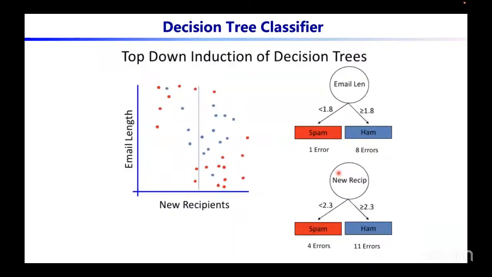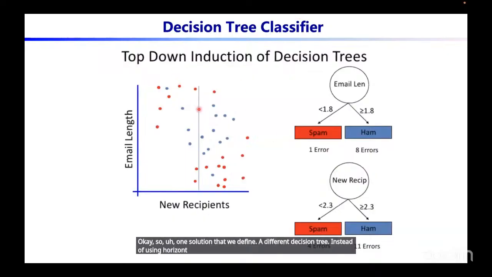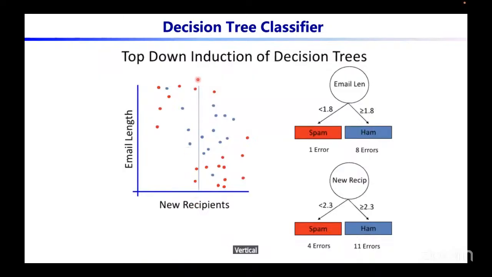So one solution is that we define a different decision tree. Instead of using horizontal lines, why not try a vertical line? So this is one example, right? We have this vertical line.